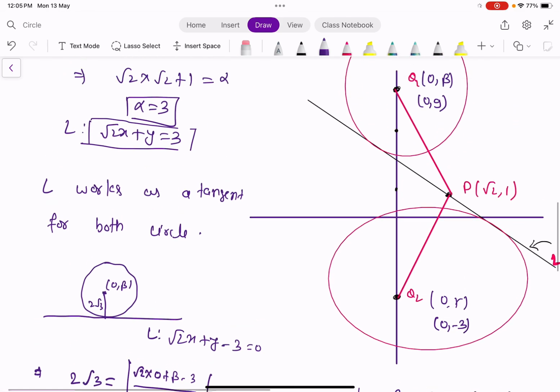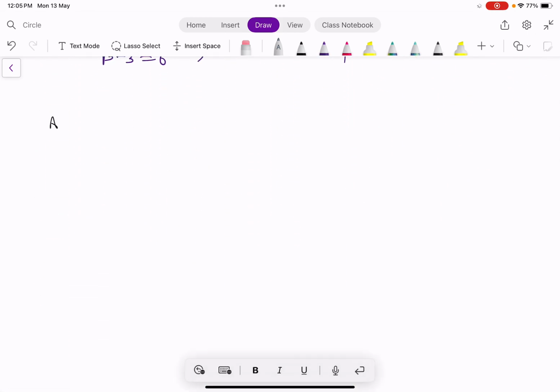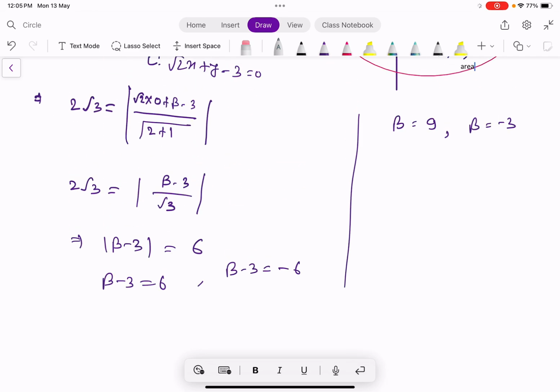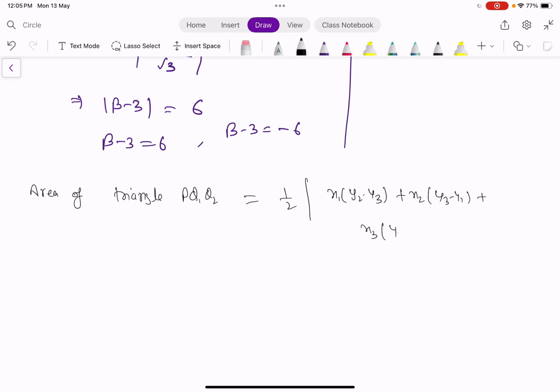Okay, so now we got all of the coordinates of the triangle here. P, Q1 and Q2 we already got. So the area of a triangle, what can we write here? The area of triangle P Q1 Q2 is nothing but 1 by 2 modulus of x1 (y2 minus y3) plus x2 (y3 minus y1) plus x3 (y1 minus y2).